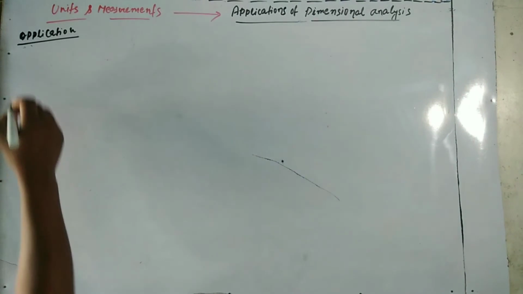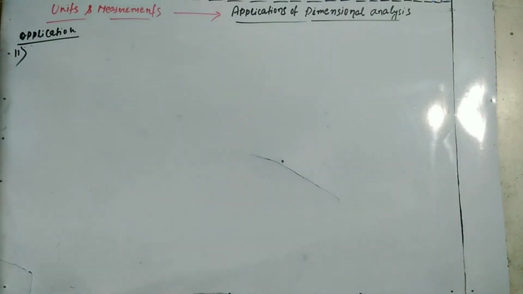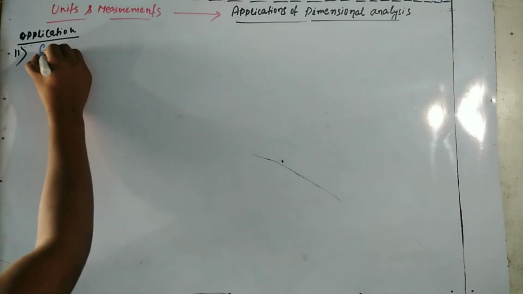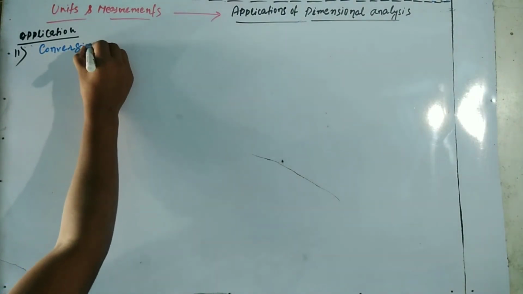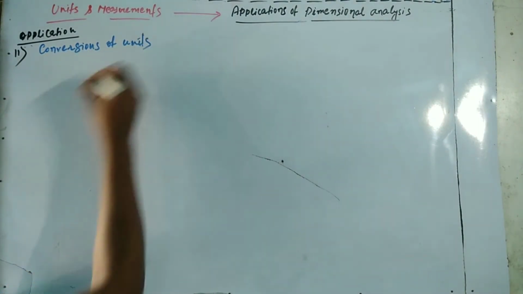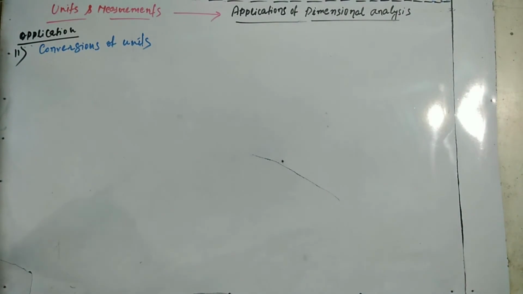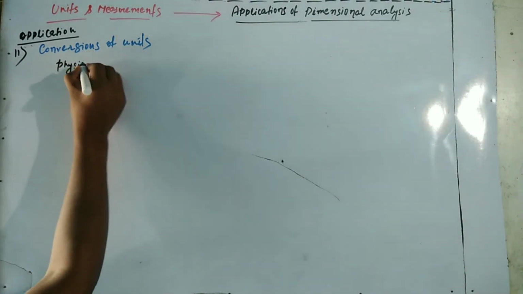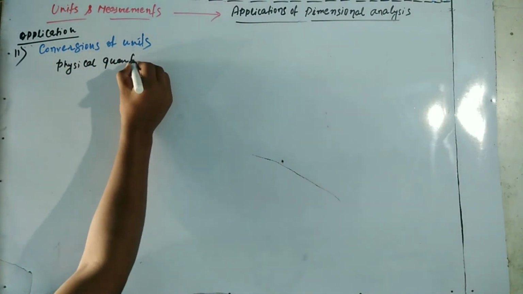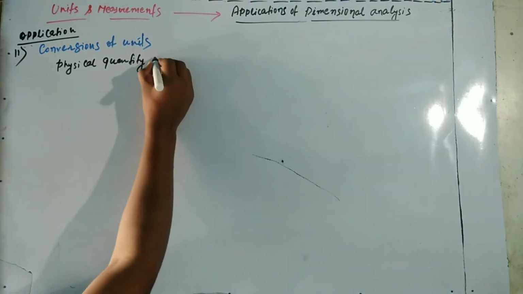Now again we see the next application of dimensional analysis, the conversion of units. The second application of dimensional analysis is conversion of units.